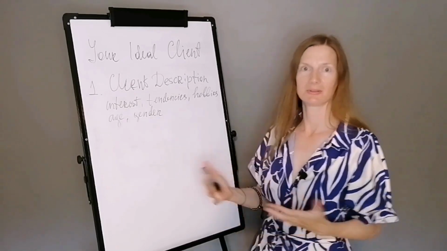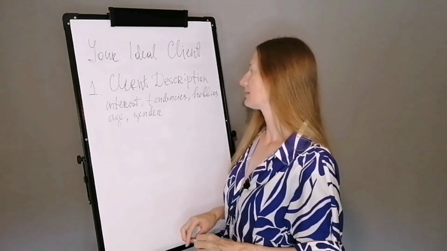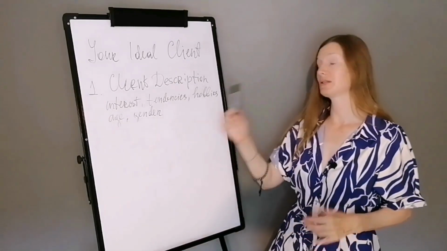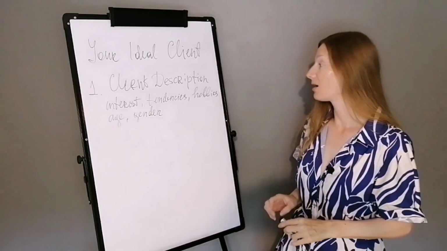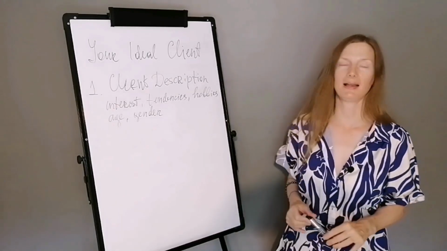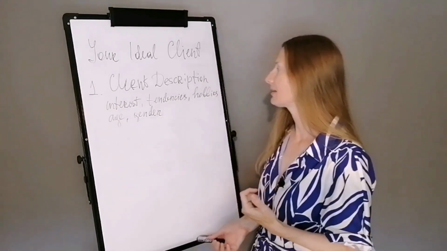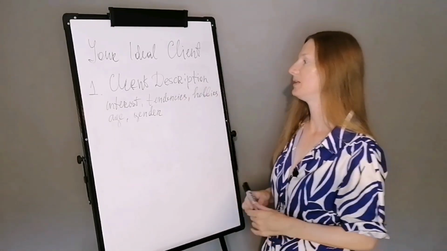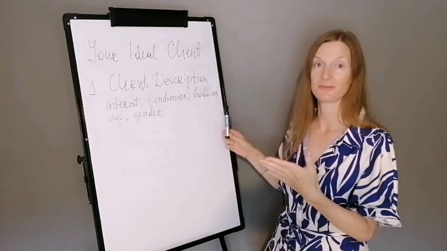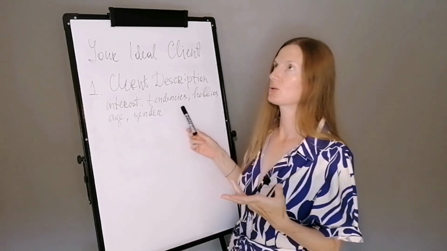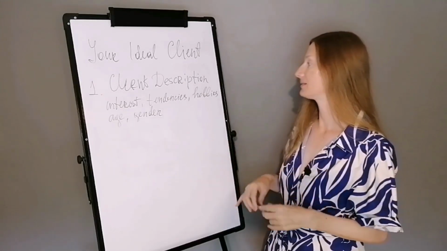Age can also make a difference when it comes to your offer. The interest is very important, the tendencies of people, like what they really want, and what kind of hobbies they have. Just to give you an example, in my case, my client description would be a person who's interested in creating freedom in life, has the tendency to benefit others, wants to make a greater impact.